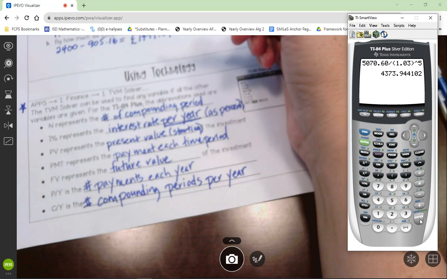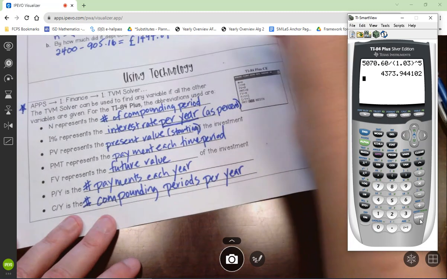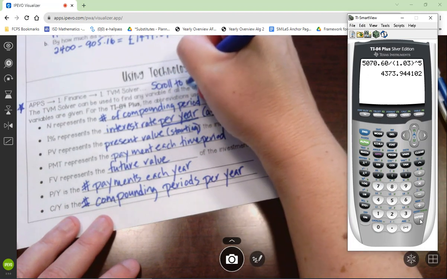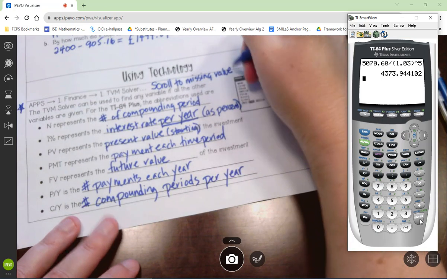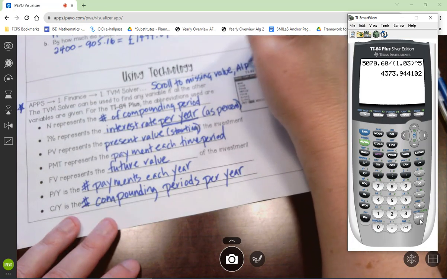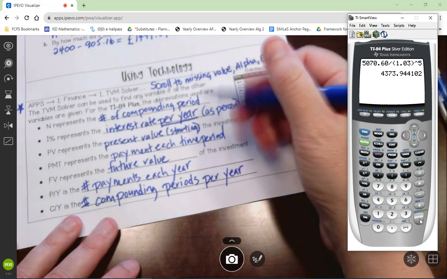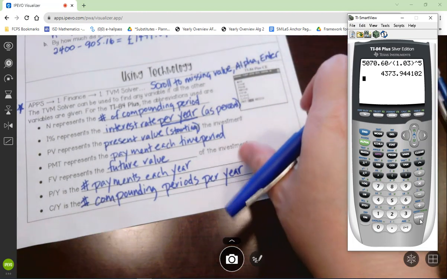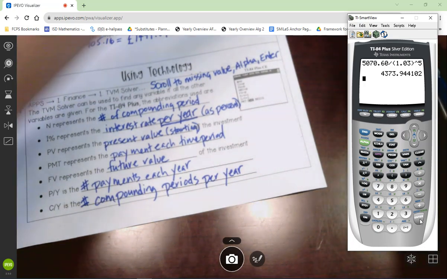Another thing that's going to be helpful to remember is that once we get all of our numbers in, you scroll to the missing value, whatever we're trying to find, and then you press alpha, and then enter. So we enter everything we know, then scroll to the thing that's missing, press alpha and enter, and that will solve. We'll need to keep these close by, but I'm going to move them off the screen so that you can see the problems.